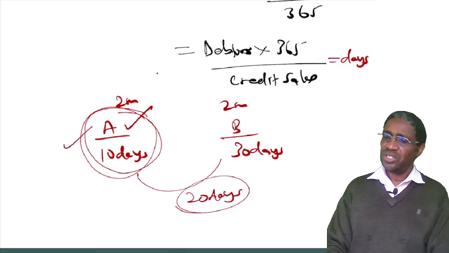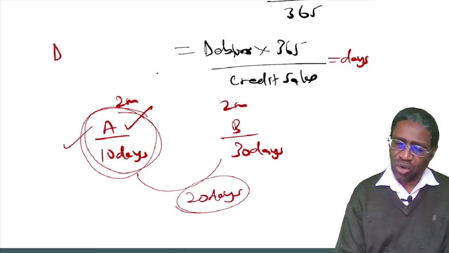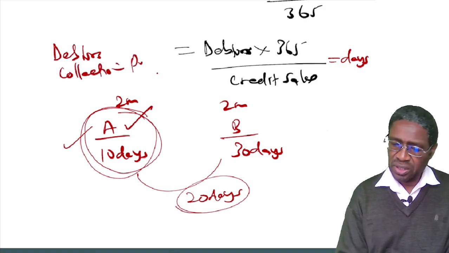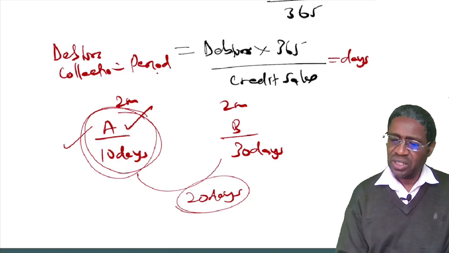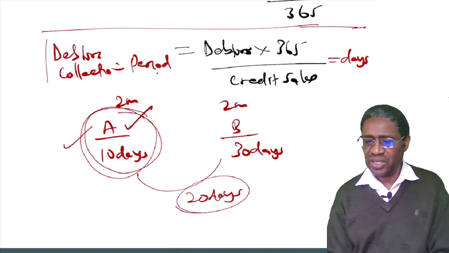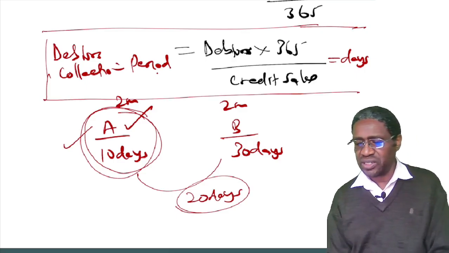We have said that to get what we are calling the debtors collection period, we take debtors times 365 and divide that by credit sales.